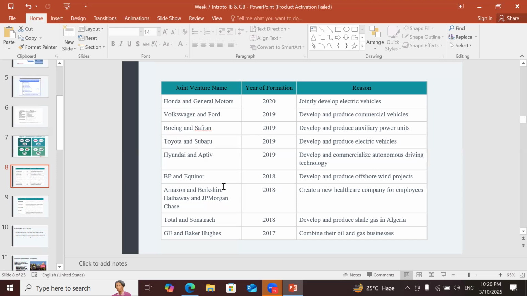BP and Equinor, likewise, they collaborate to produce a new project. Amazon and Berkshire, and Total and Sonars, and GE and Baker Hughes. These are some important joint venture company names, and they collaborate to produce a product in the year I am showing here.